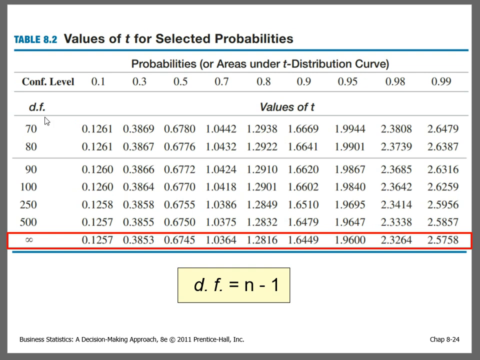DF stands for degrees of freedom and is equal to n minus 1.